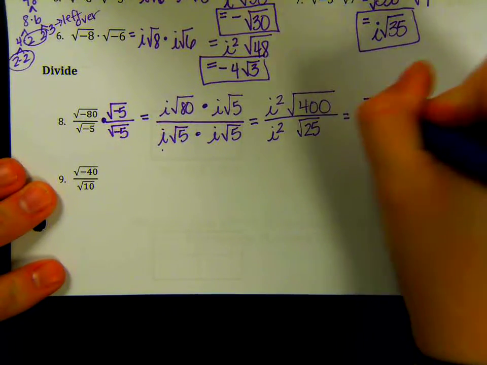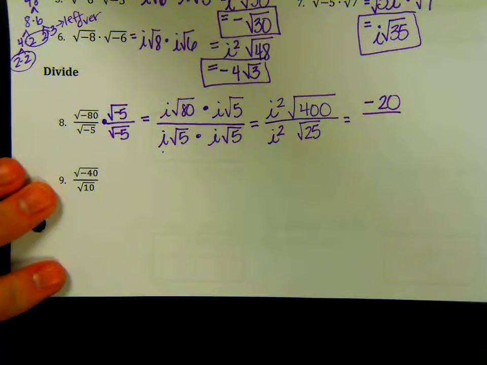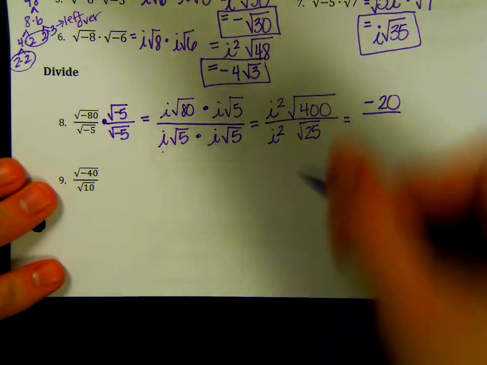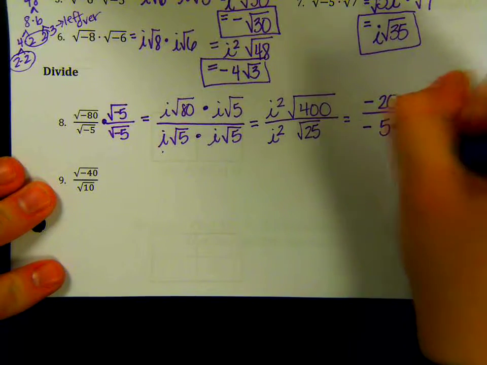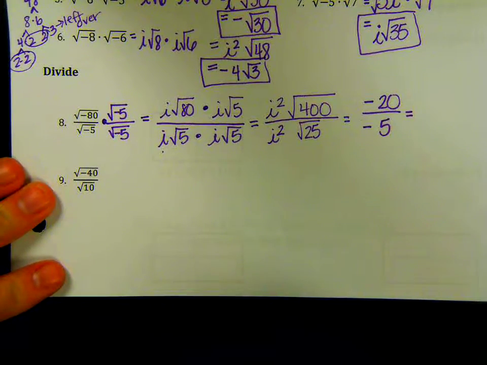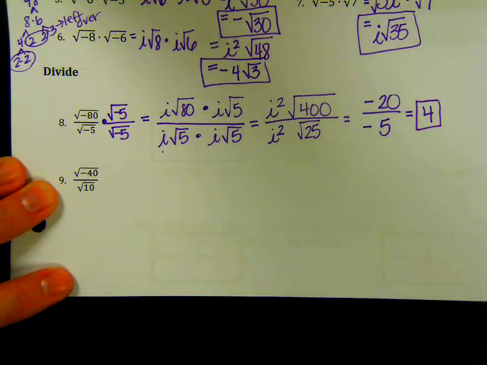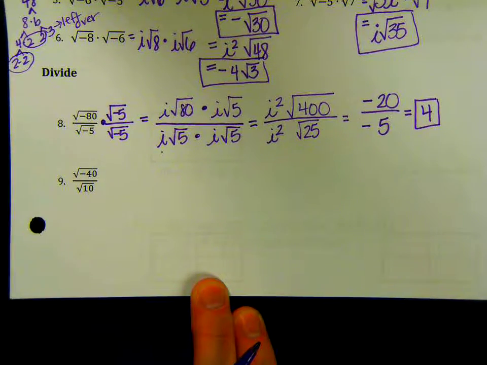I squared is negative 1, square root of 25 is just 5. So my answer is just, okay. From there, I want you to practice number 9.